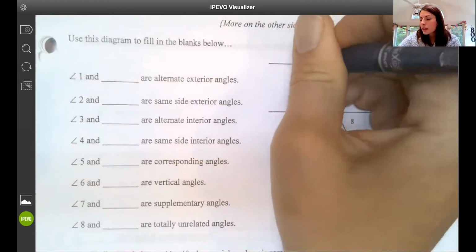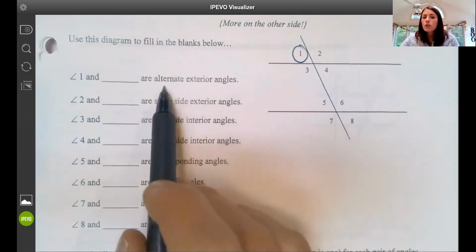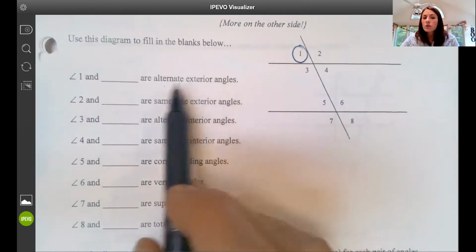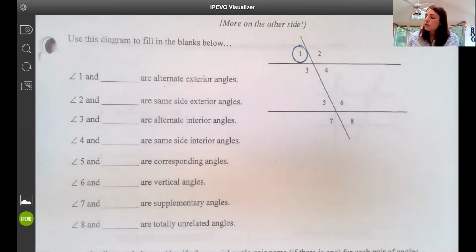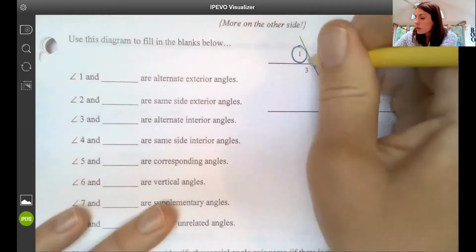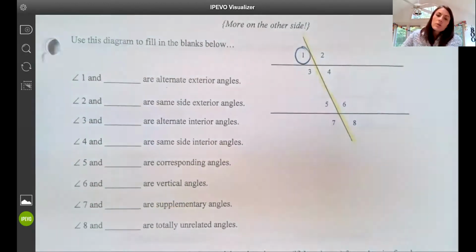So first it says angle 1 and angle blank are alternate exterior angles. So which angle would be alternate exterior to angle 1? I highlight my transversal too. So there's my transversal, which angles alternate and exterior.